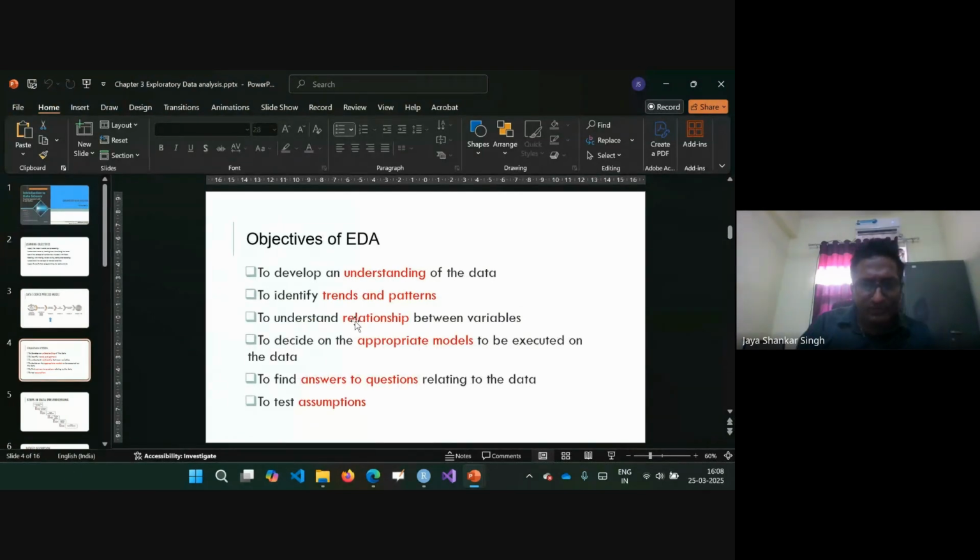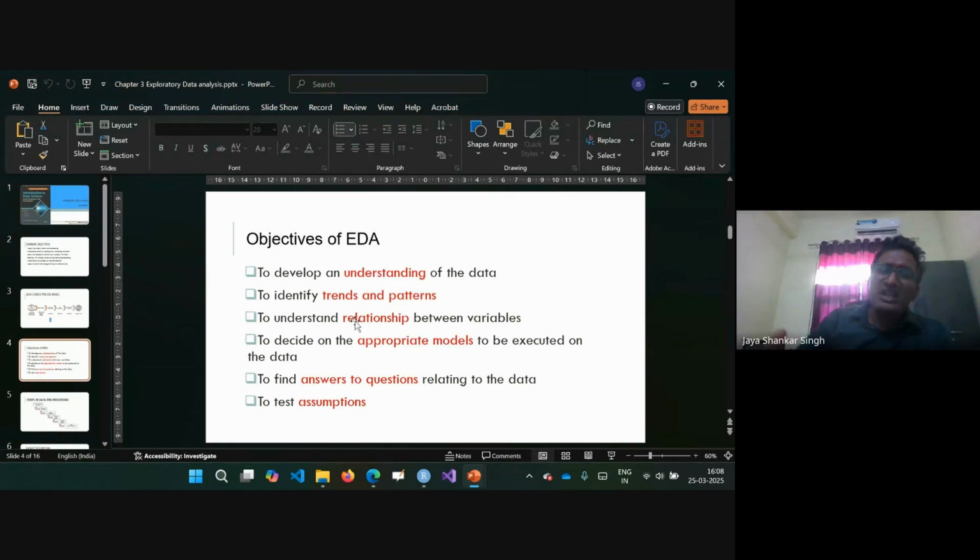Why do we do it? To understand the data; it is very important to understand what data is there with you, and to identify patterns. You also try to understand the relationship between variables. देखेंगे हम लोग correlation क्या होता है, to decide the appropriate model to be executed on the data.